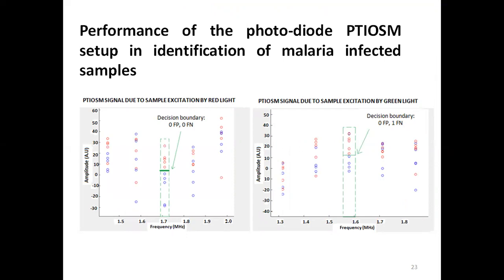What we found is that when we pump the sample with red light, we were able to distinguish all the samples that were malaria infected from all the samples that were non-infected. However, when we were pumping the sample with green light, we were not able to find a frequency spectrum where all the samples with a given malaria infection status could be isolated.